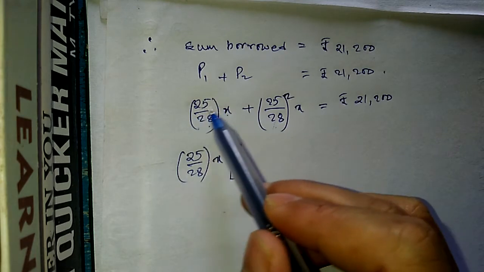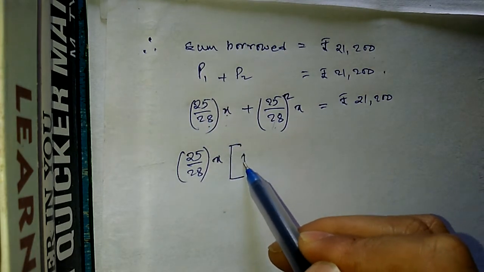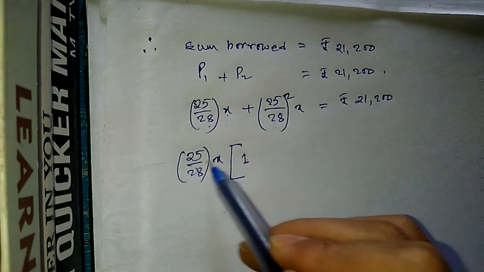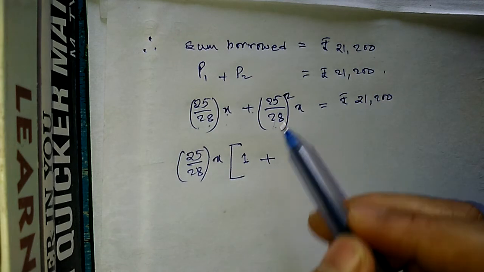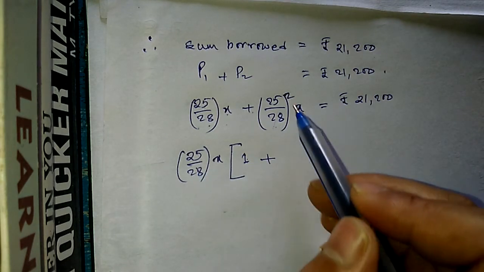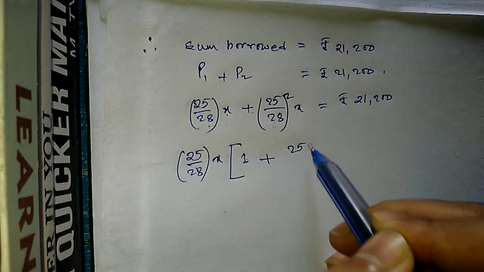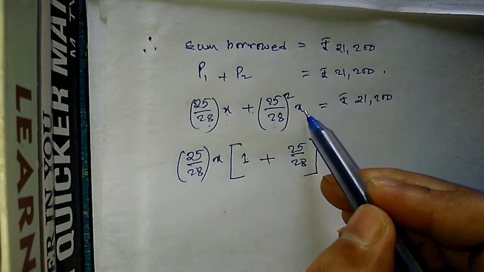If we multiply this and this, you will get the same, and then this plus. From here, one time already came out as common factor, so another one time will remain, 25 by 28. Then this x already came out as common, so rupees 21,200.